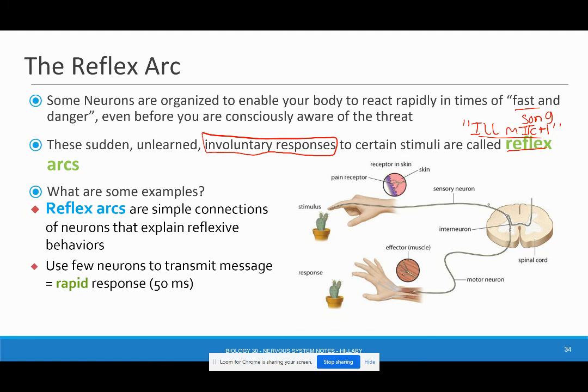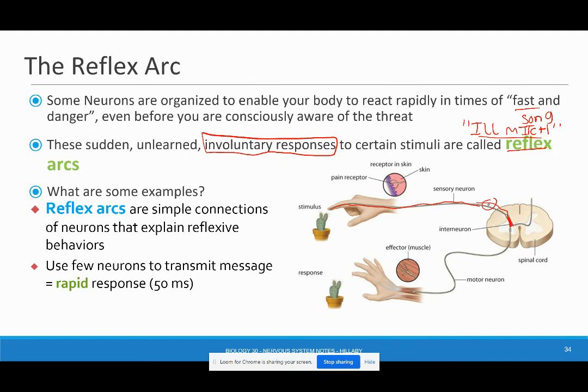You can see you get a cactus there, and you touch one of the needles or spines, and obviously that's going to initiate a pain signal through a pain receptor. That signal then is going to travel through a sensory neuron. There's the cell body right in the middle. And then it's going to synapse with a very small interneuron in the spinal cord.